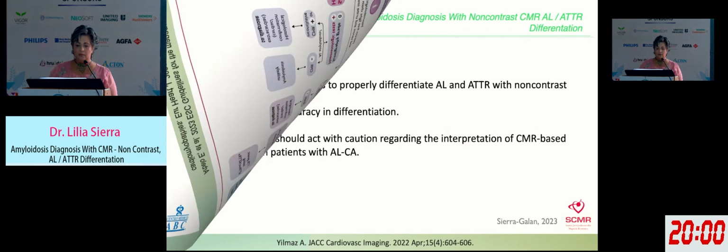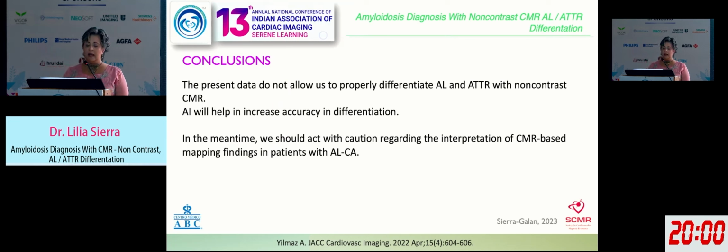not a diagnostic case. So in conclusion, the present data do not allow us to properly differentiate AL and ATTR with non-contrast CMR. AI will help increase accuracy in that differentiation, but in the meantime we should act with caution regarding the interpretation of CMR-based mapping findings in patients with AL or ATTR cardiac amyloidosis.